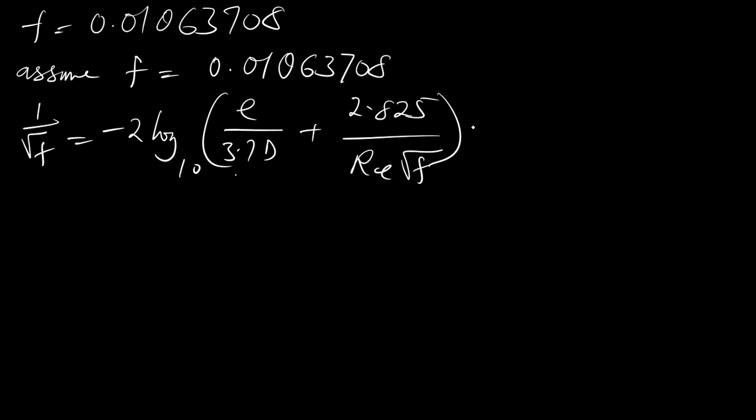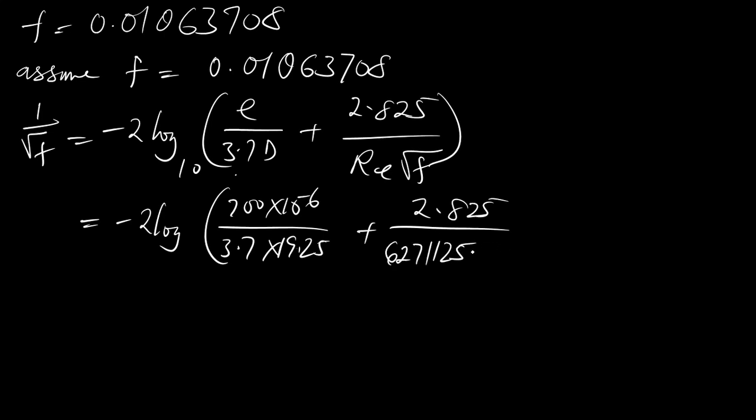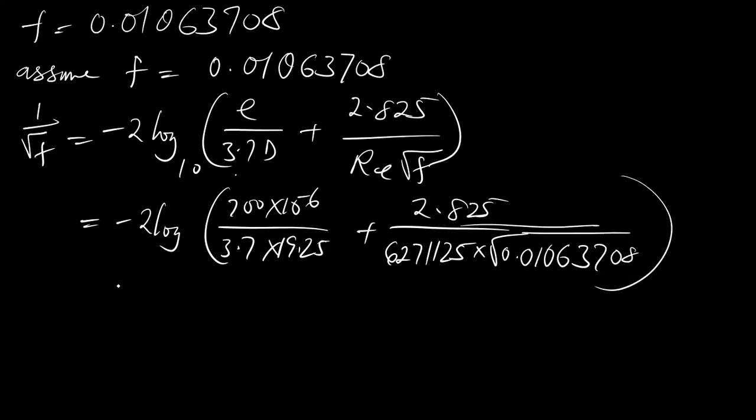So now we have minus 2 log of 700 times 10 raised to the power minus 6 divided by 3.7 divided by 19.25 plus 2.825 divided by the Reynolds number, which is 6271125, divided by 0.01063708. Now let's use our calculator to find f.